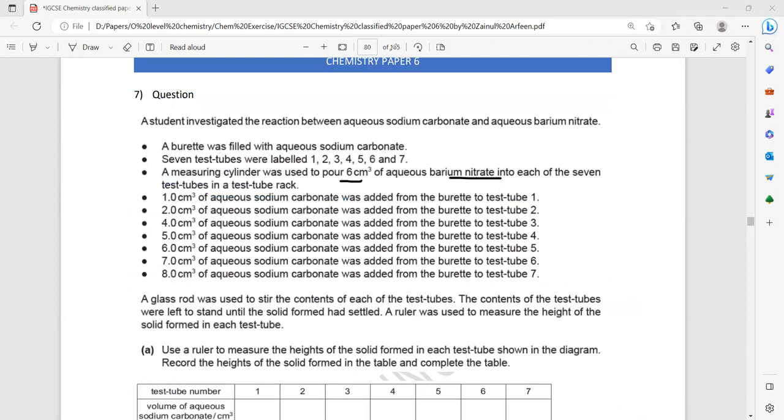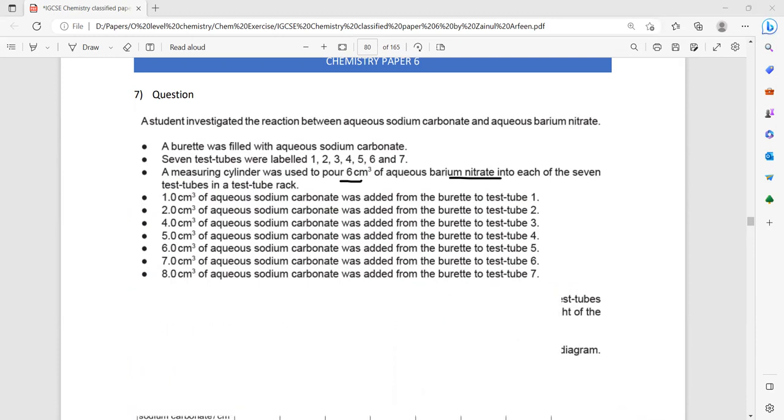Now they are saying if we further carry out the same experiment, and now we are adding 9 cm cube of sodium carbonate, then 10 cm cube, then 11 cm cube. What will happen to the precipitate? Will it change?